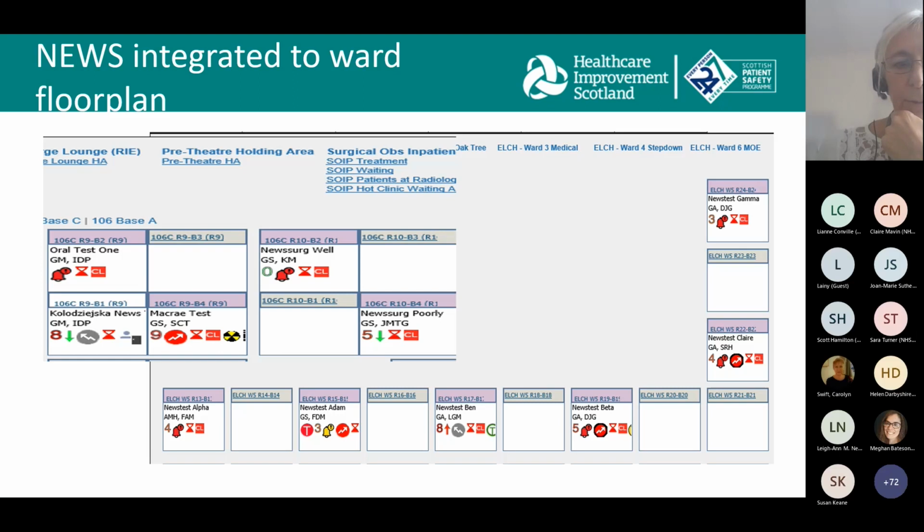So this red icon, the red circle with the up arrow, means that the patient has been escalated for clinical response. When the clinical responder is actioning that call and alerts that through the escalation tab, this turns grey.